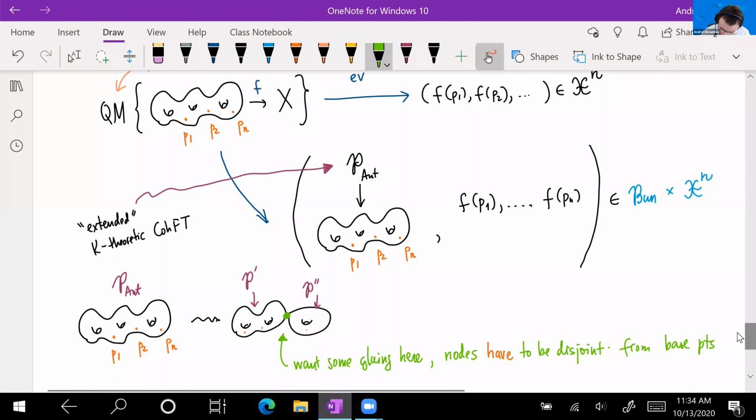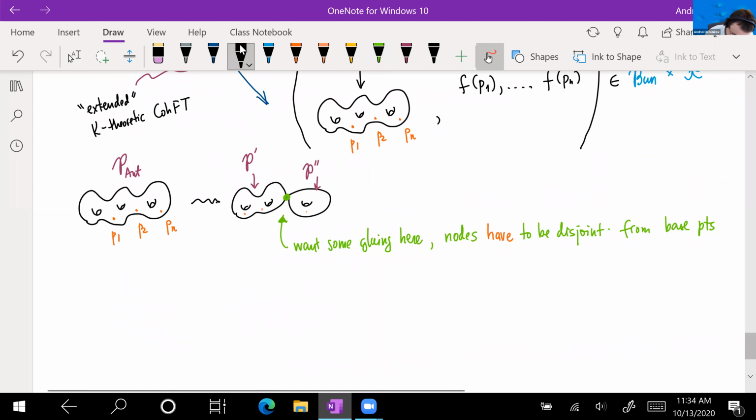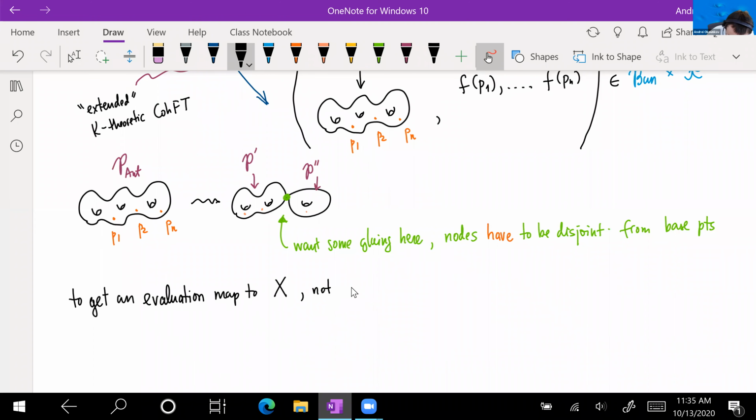So how do we get an evaluation map? To get an evaluation map to X, not to the quotient stack, we need a slightly different space.